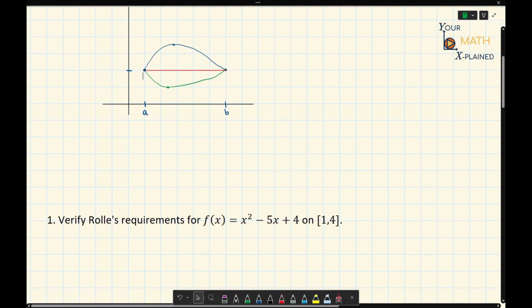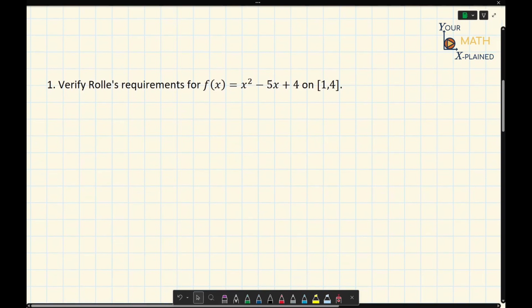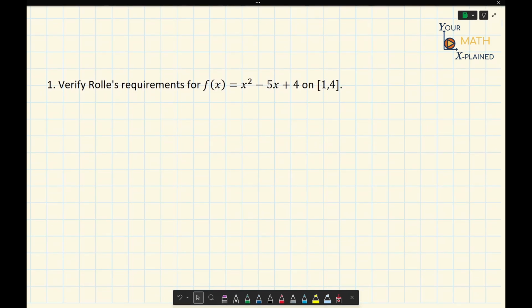Now we can take a look at how we can apply Rolle's theorem. For our first example, we want to verify Rolle's requirements for this function here on the interval 1, 4. So the first condition is that the function must be continuous. And since f of x is a polynomial, we know that polynomials are continuous everywhere. So therefore, this is continuous on the closed interval 1, 4.